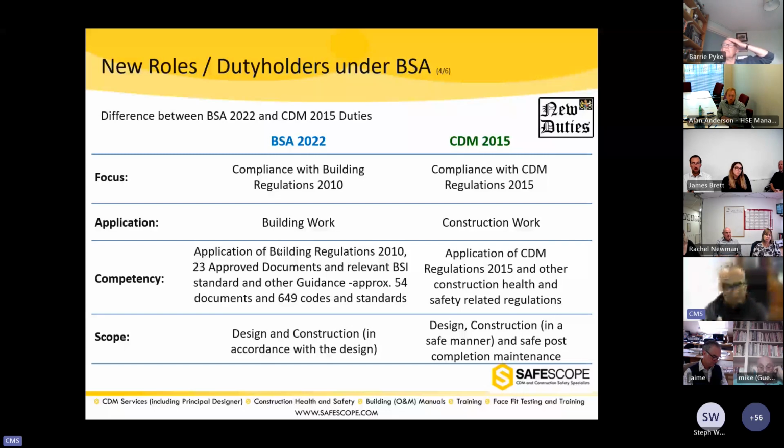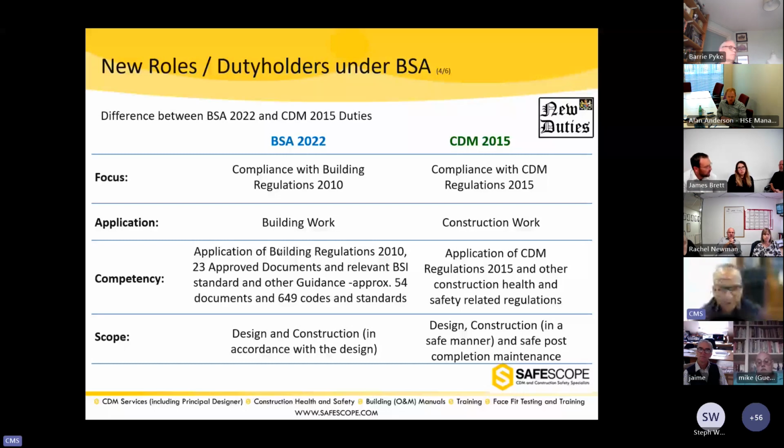Now you see the difficulty that has arisen. The Building Safety Act is about compliance with the Building Regulations 2010, right? The CDM regulations are about compliance with the CDM regulations. They're not the same set of regulations. They're two different regulations. One could argue that they broadly talk about safety, but only broadly.